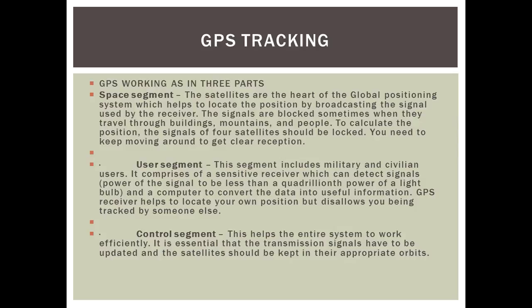The user segment is the device we have to receive that signal. The control segment helps the entire system work efficiently, and it is essential that the transmission signals are updated and the satellites are kept in their appropriate orbits.